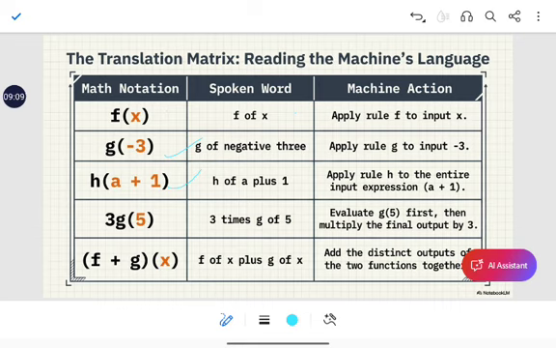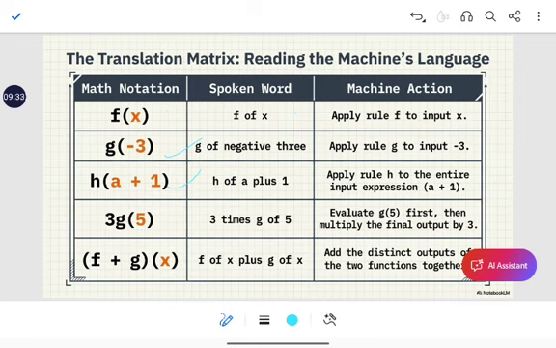We are saying that evaluate g of 5 first. Then whatever answer you get, you multiply that output by 3. Okay, then we have f plus g of x.